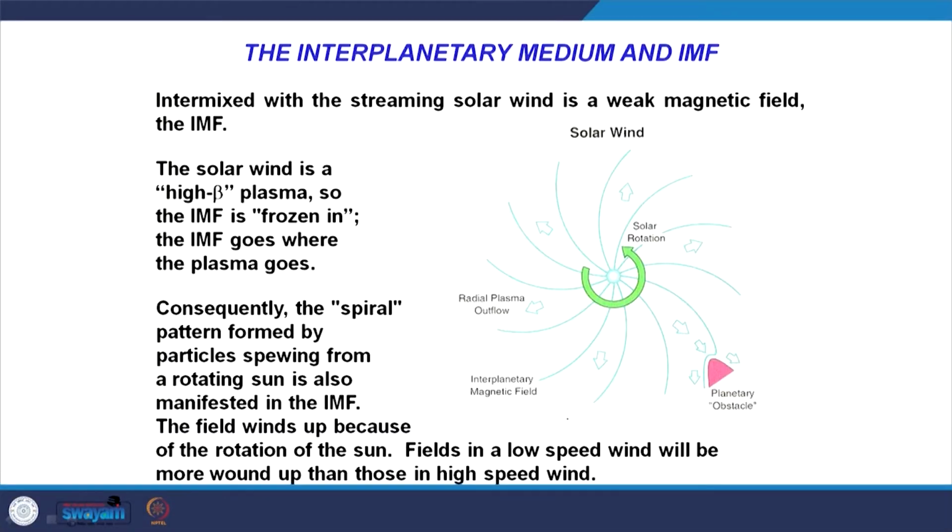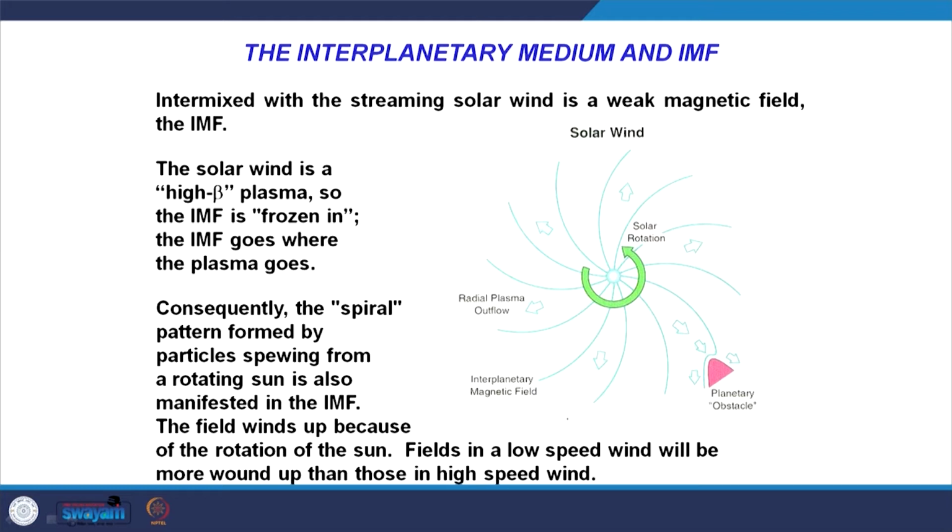Now, let us talk about some details of the interplanetary magnetic field. Solar wind has to interact with the Earth's atmosphere, magnetosphere, thermosphere or ionosphere, and this interaction has to happen in the presence of the interplanetary magnetic field. We have seen some small detail about the solar wind. Let us see some detail about the interplanetary magnetic field, also called the IMF.